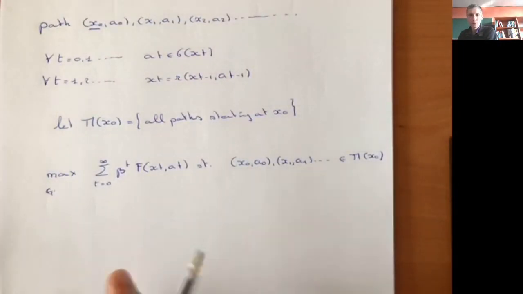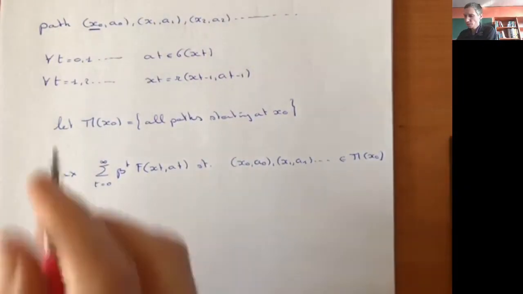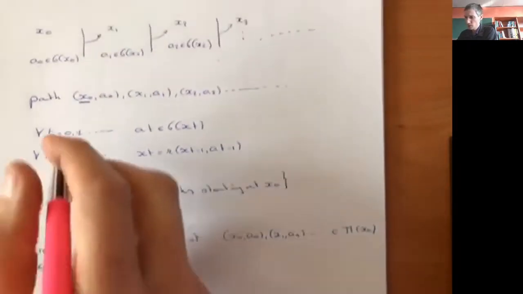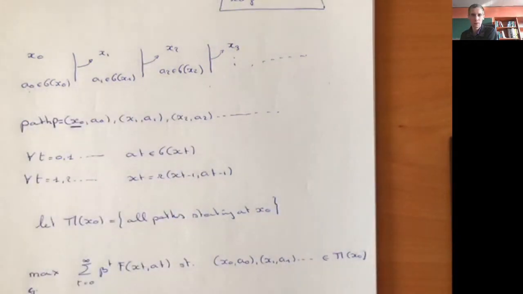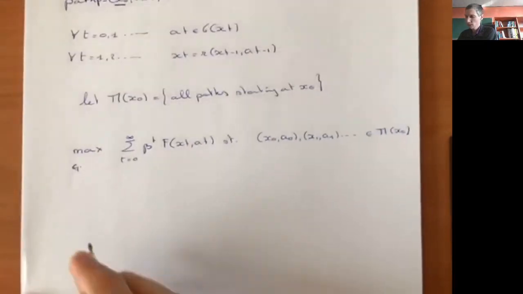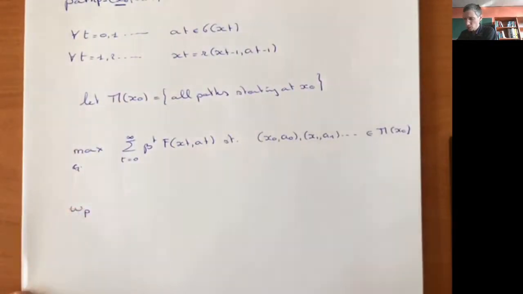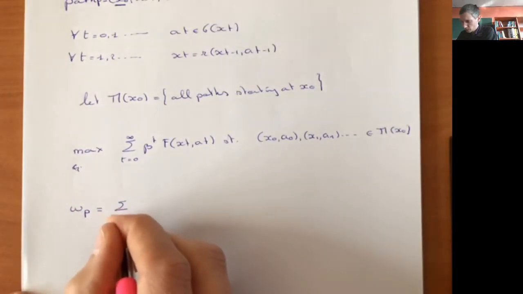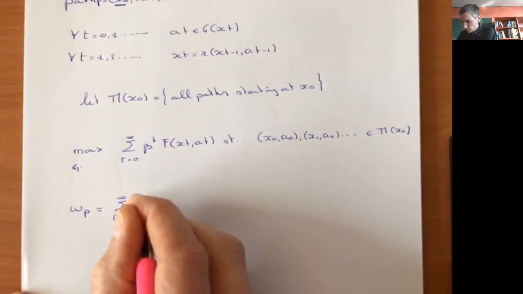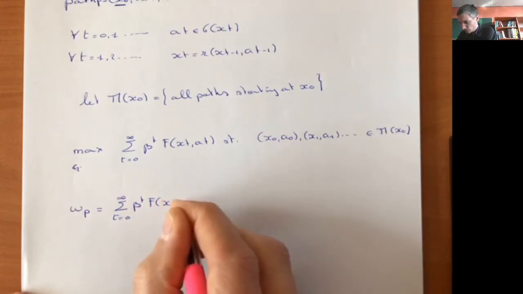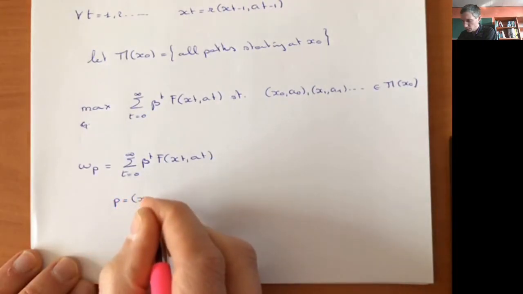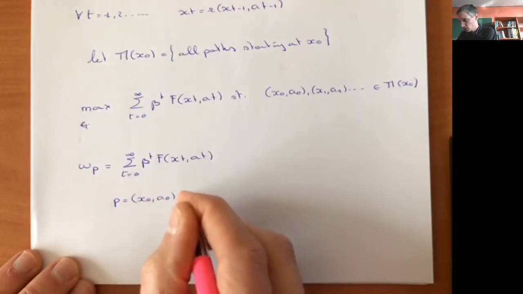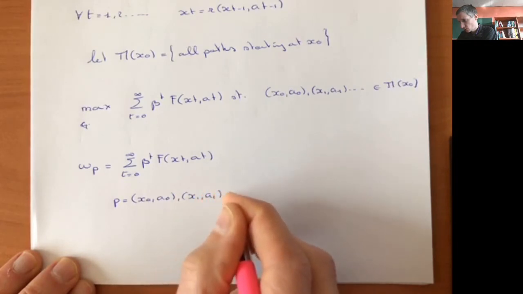So we're going to reduce our notation even further. So let us call a path, I'm going to abbreviate it by, for example, the letter P, right? So P is a path. And let me denote W of P, the value of P, by this infinite sum of beta to the t f of xt, at. Okay, and here P is a path that is equal to x0, a0, x1, a1, and so on.